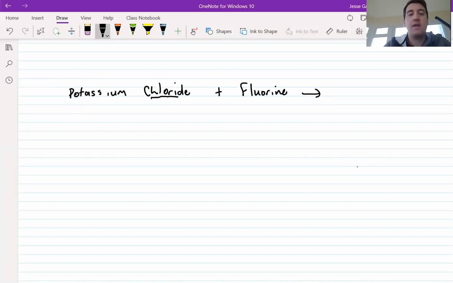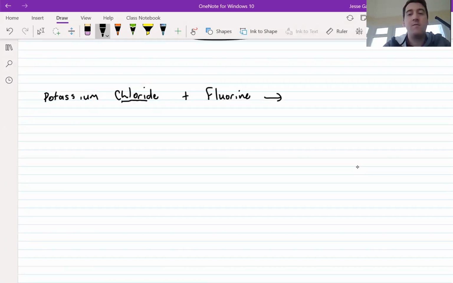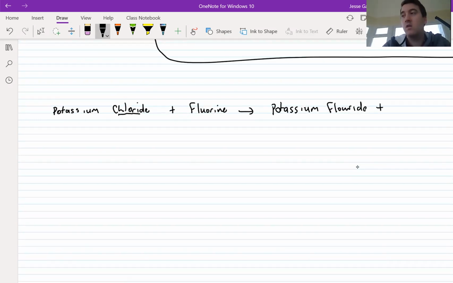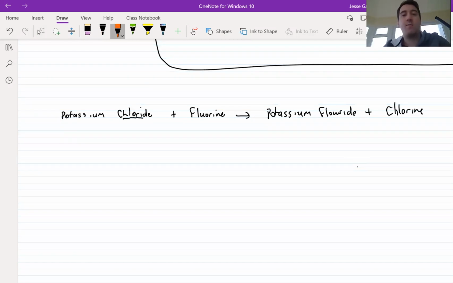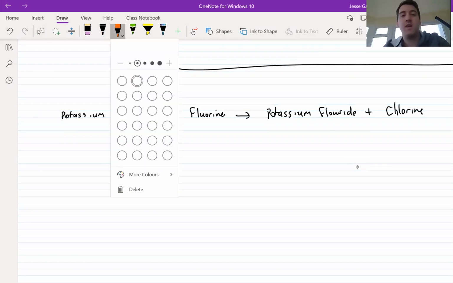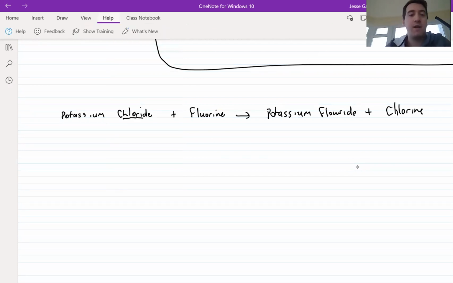And our product is going to be potassium fluoride plus chlorine. Now, I'm just going to try and represent this for us so we can see what's going on. I'm going to write the balanced equation first.